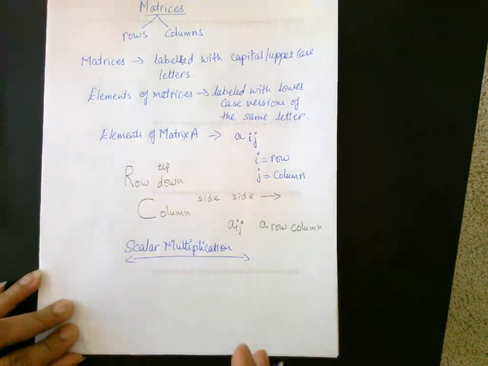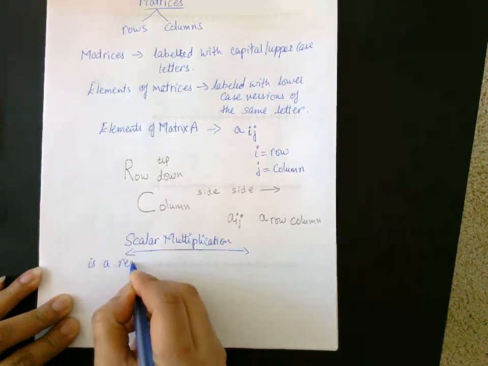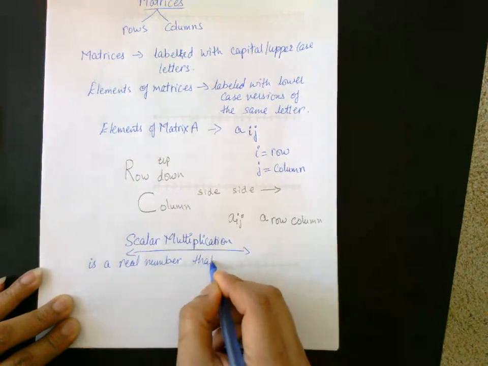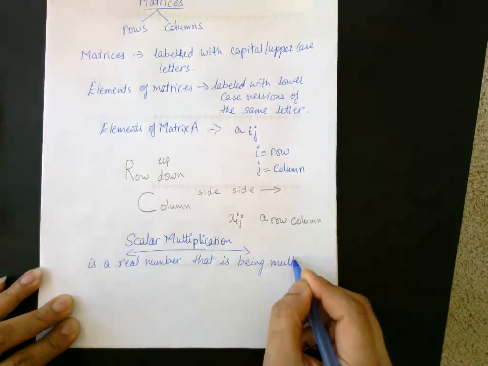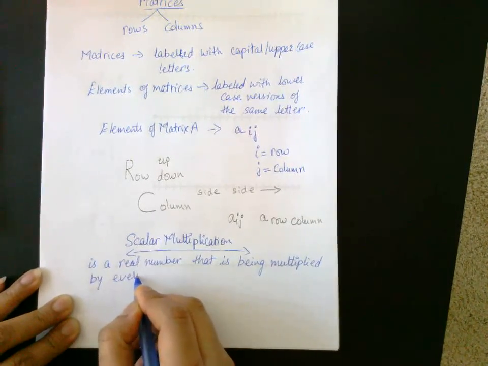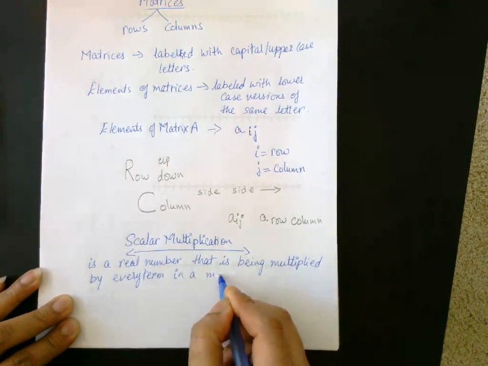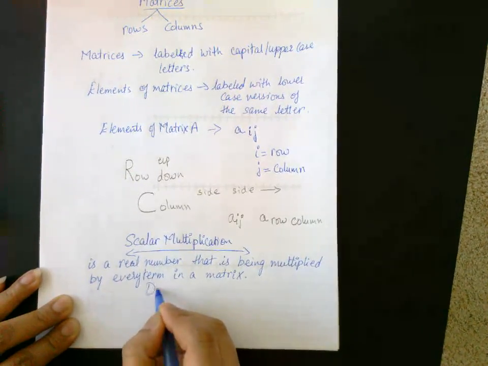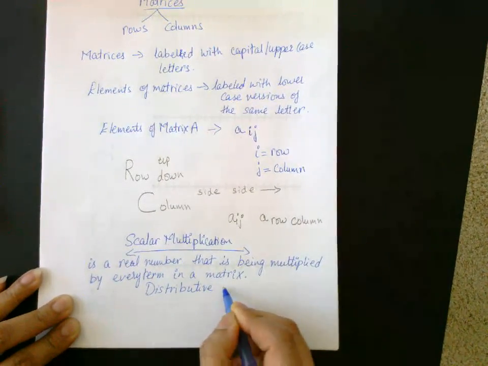Scalar multiplication is nothing but a real number that is being multiplied by every term in a matrix. It is nothing but just like distribution. So it is a distributive property that we use.